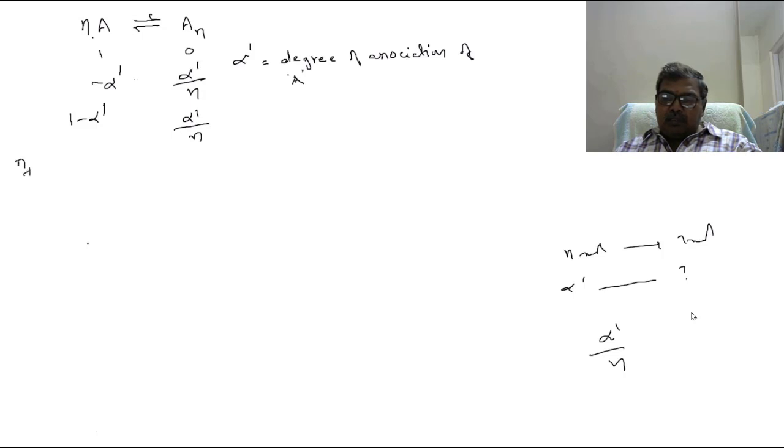Now N total is equal to 1 minus alpha dash plus alpha dash by N, which is equal to 1 minus alpha dash, 1 minus 1 by N, right? 1 minus alpha dash, minus into minus plus alpha dash by N, right?